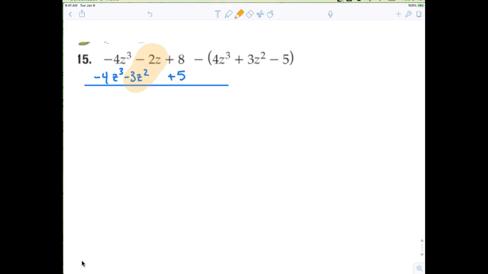No, they don't go together because they don't have the same exponent. So now we end up with what? Negative 8z cubed minus 3z squared minus 2z plus 13. Look how simple that is, guys. Anybody have any questions right now?